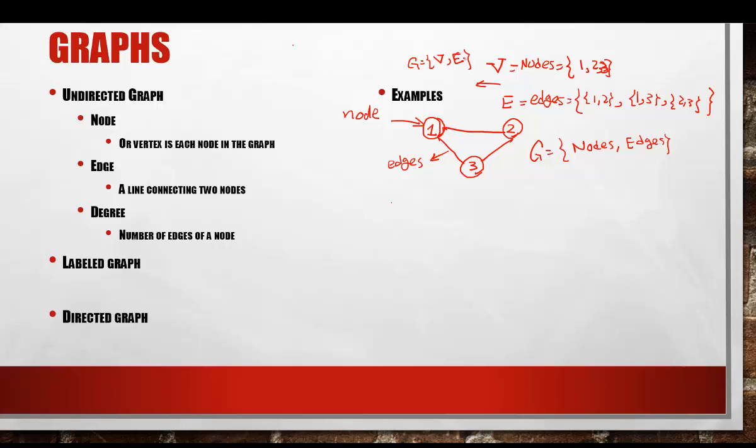So that would be how I would represent my graph. Actually, graphs we usually represent with a tuple, so it's going to be a sequence of sets V and E.